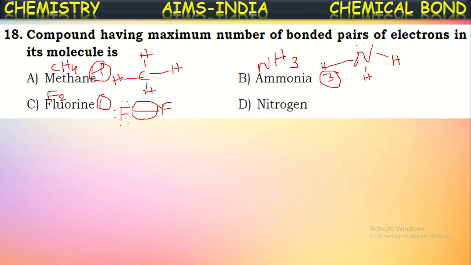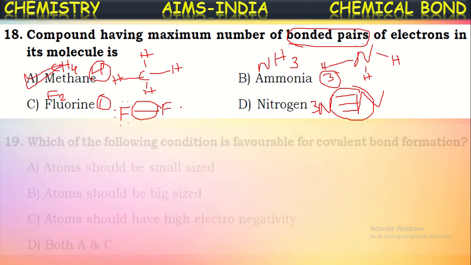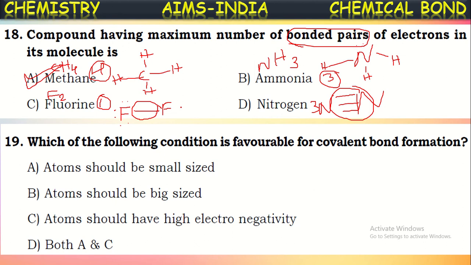The nitrogen molecule has a triple bond between the two nitrogen atoms, as we have already seen. So the number of bond pairs is 3. So which molecule is having more number of bond pairs now? They're asking especially about bond pairs of electrons. So the methane molecule is having 4 bond pairs. It has more.